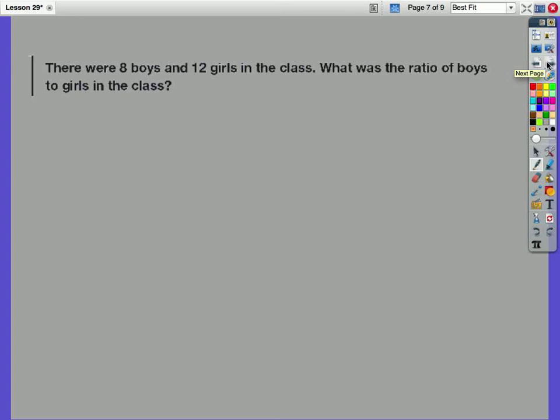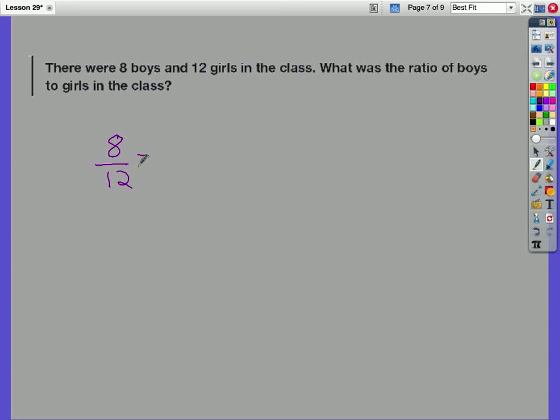Going back to ratios. There were 8 boys and 12 girls in the class. What was the ratio of boys to girls in the class? Well, they want boys first, so we do 8, they have 12 girls, boys to girls. Remember when we first talked about ratios, I stated that we need to reduce ratios just as we do fractions. So 8/12 needs to be reduced.